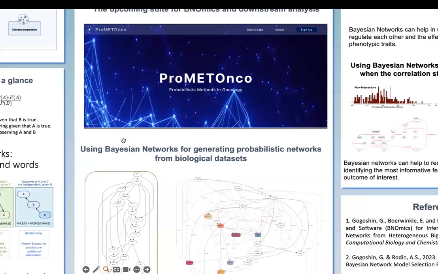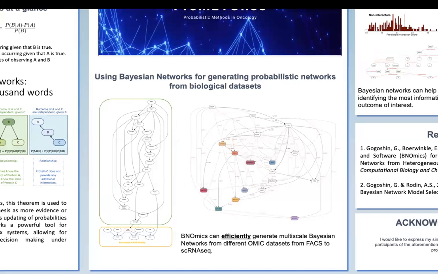So what can we do? One of the things that you can utilize Bayesian networks for is just generating them. And we can do that on a very large scale when we put in 2,000 variables.